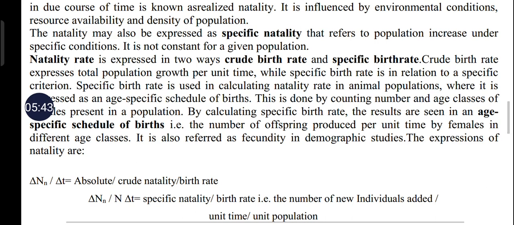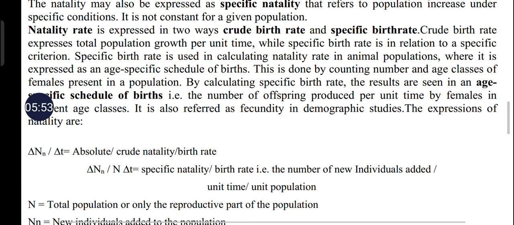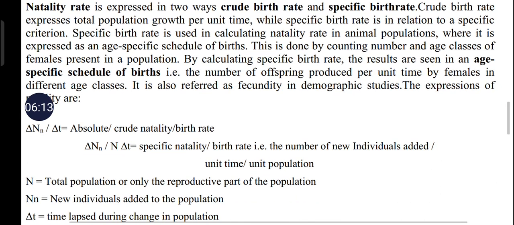Natality rate is expressed in two ways: crude birth rate and specific birth rate. Crude birth rate expresses a total population's growth per unit time, while a specific birth rate is in relation to a specific criterion. Specific birth rate is used in calculating the natality rate in animal populations, where it is expressed as an age specific schedule of births.